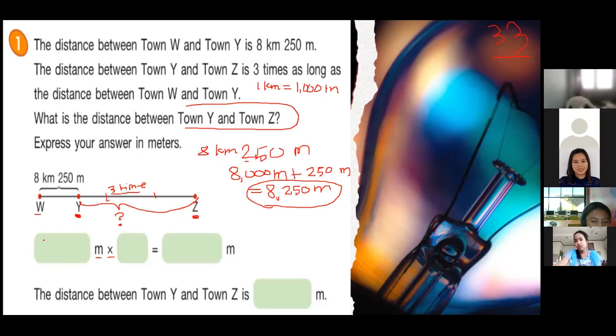So this here is 8,250 meter times what? What we will times? Times what number?